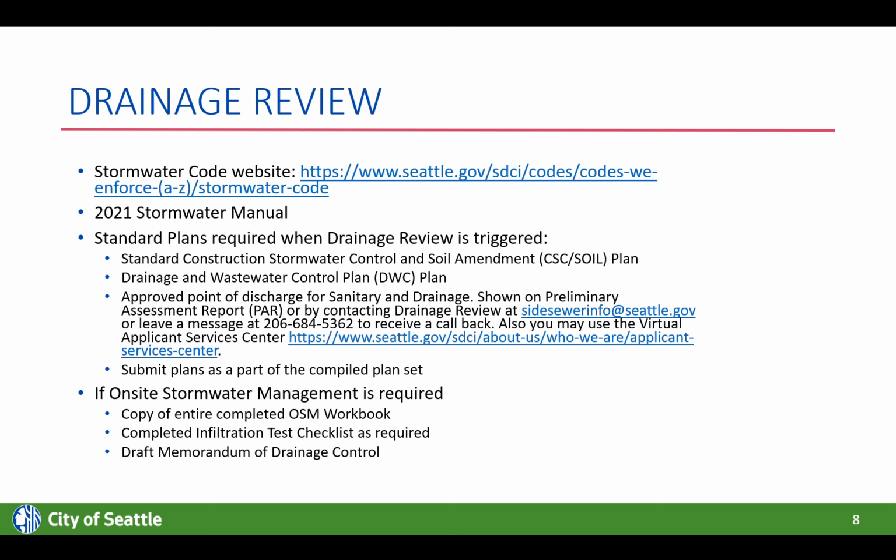We also have a virtual applicant services center, which is open Monday, Wednesday, Friday from 9 until 3, or Tuesday and Thursday from 10:30 to 3. And I have a link at the end of the presentation, and you can log on and chat live with a drainage reviewer by using the virtual applicant services center.